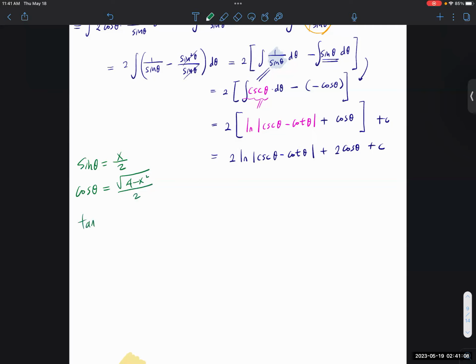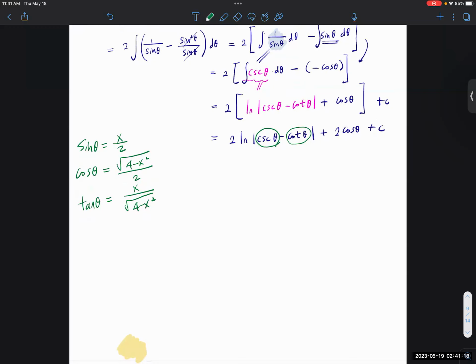We found out tangent theta was x over radical 4 minus x second. I want to find out what the cosecant and cotangent theta are. So according to the trigonometric function, sine theta is 1 over cosecant theta. Cosine theta is 1 over secant theta. Tangent theta is 1 over cotangent theta. Am I correct?